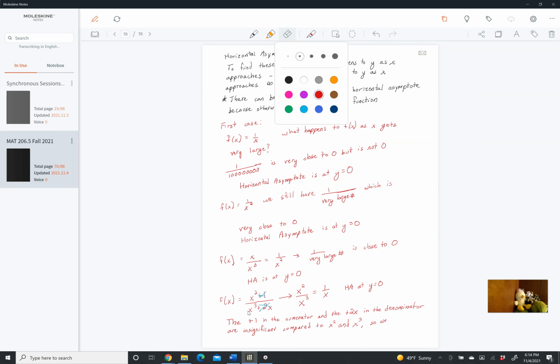So we can ignore them. Which means that we have our first case. And our first case is the denominator is growing faster than the numerator.